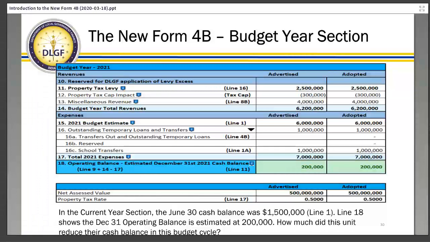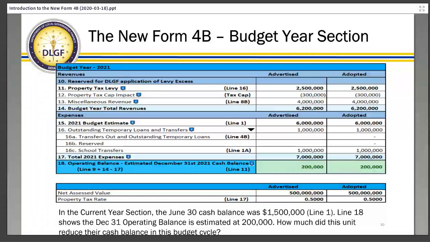As we continue to examine this budget, we can see that they're going to end the budgeting cycle with a cash balance of $200,000. Now, the goal here isn't for the department to say that is right or wrong or good or bad. The impact of that will vary based on unit, on fund, and on the goals for that particular fund.